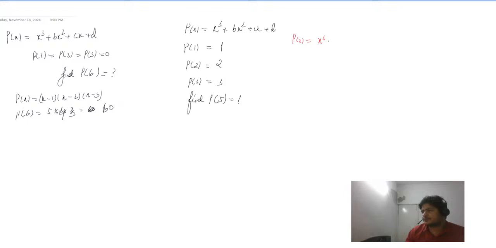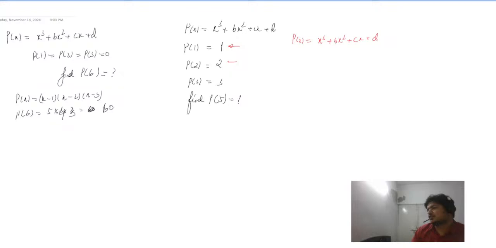Now observe these values P(1), P(2), and P(3). What can you observe here? Just tell me. If you are writing P(x), are you getting x only? Correct?